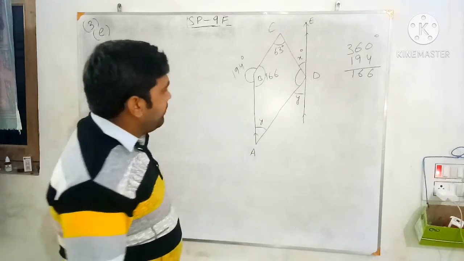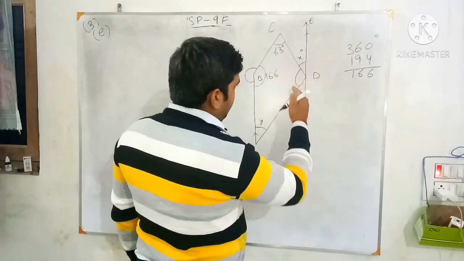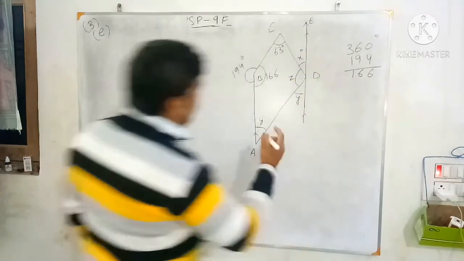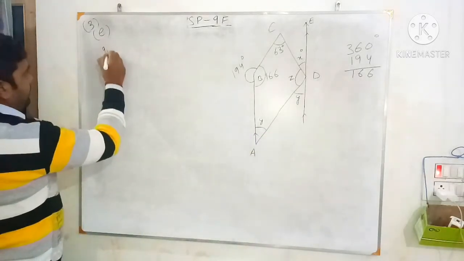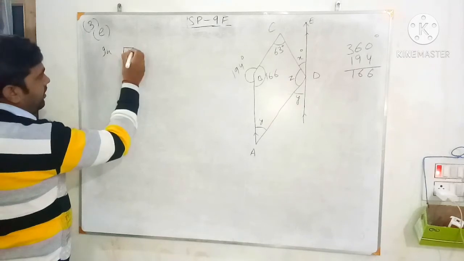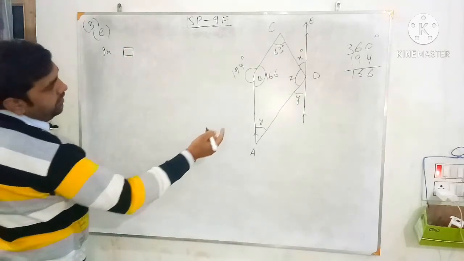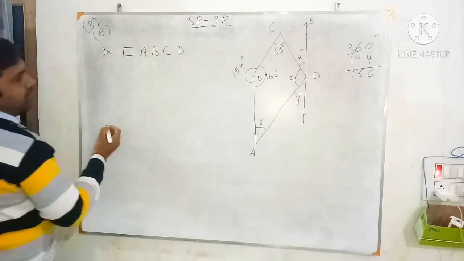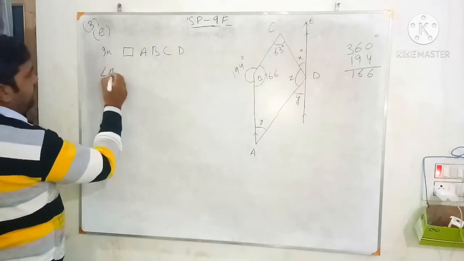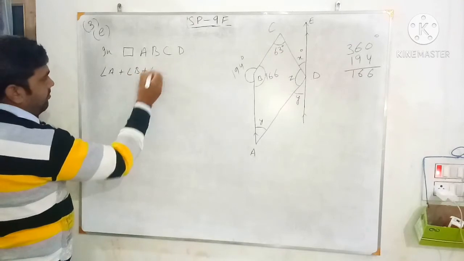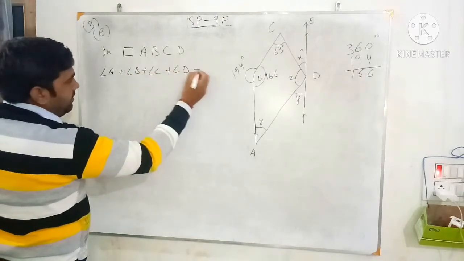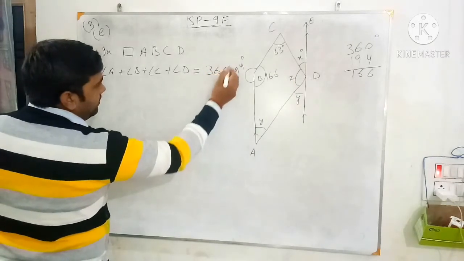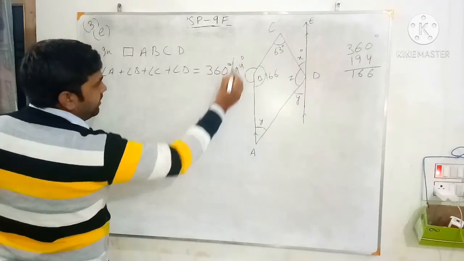If you label this angle also, suppose this angle I have marked as Z. Now in quadrilateral ABCD, angle A plus angle B plus angle C plus angle D. The angle sum property of a quadrilateral: the sum of the four interior angles of a quadrilateral is always 360 degree.